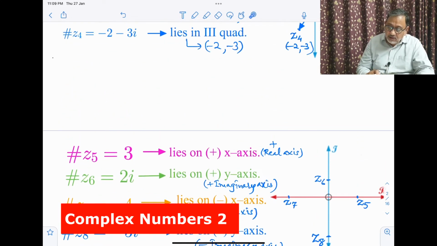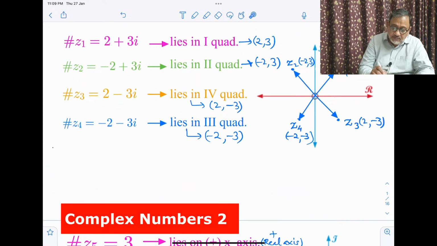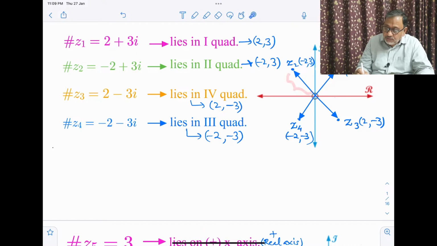So actually complex number z1 is from O to Z1. Complex number z2 will be OZ2. Complex number OZ4 will be this one, Z4, and Z3 will be the complex number given by OZ3.